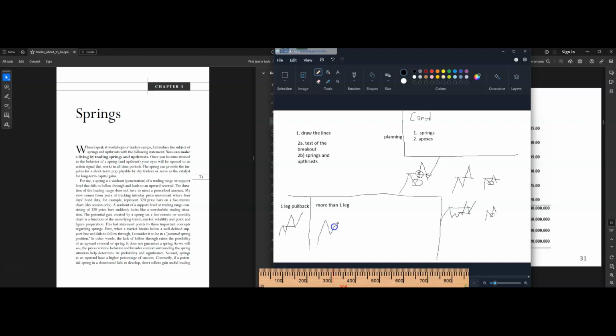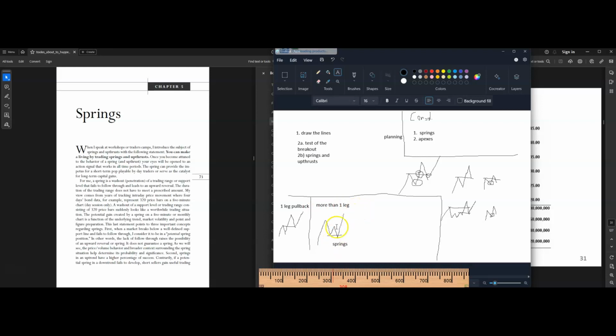Now the second pullback can either go lower than the first pullback and go, and this is what David's talking about. He says trading ranges are resolved through springs.